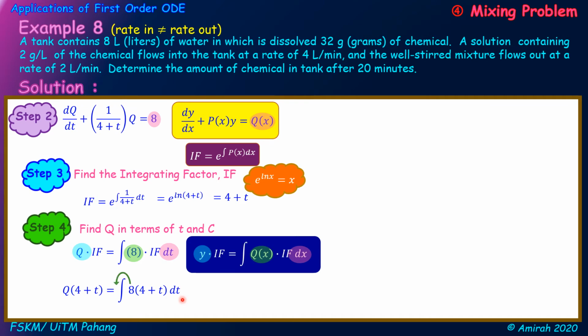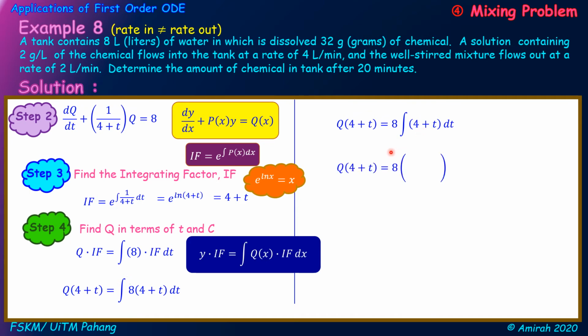After that, we can move the constant 8 outside the integration sign. So we get Q times 4 plus t equals 8 integration of 4 plus t dt.